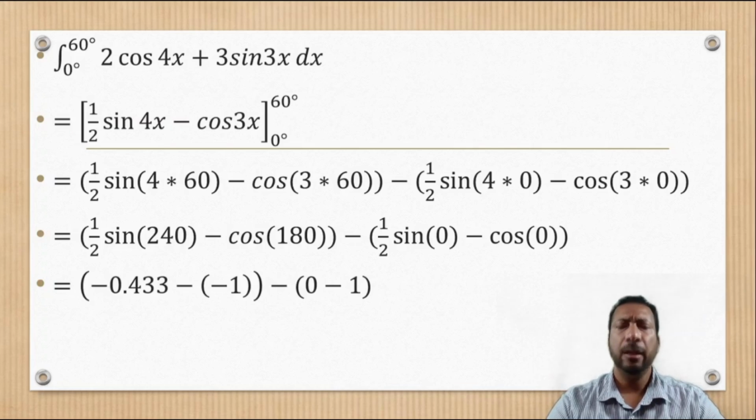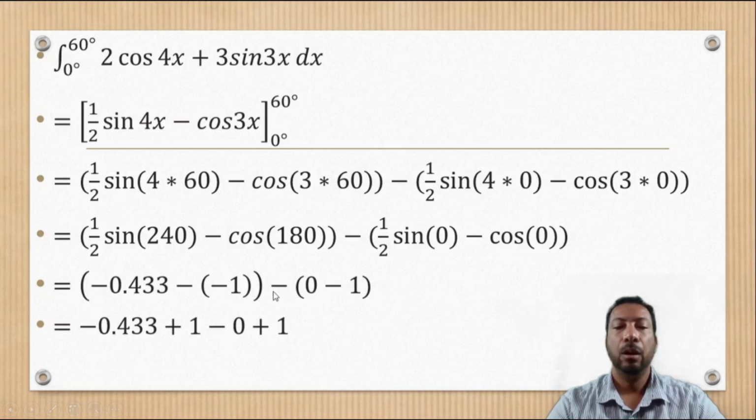Next, you have to be careful when evaluating these type of problems. Be careful with your signs, the positives and negatives. So when we expand our brackets, when we remove brackets, then we'll have -0.433 plus 1, take away 0 plus 1.